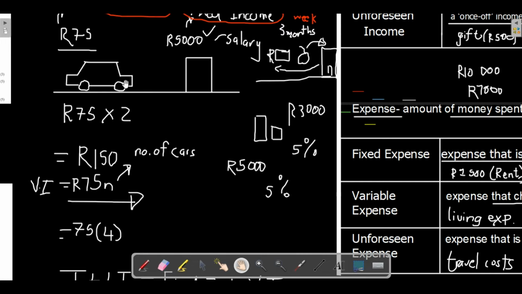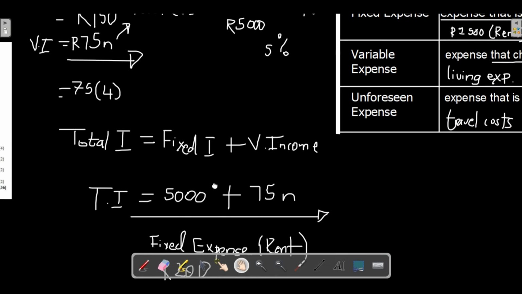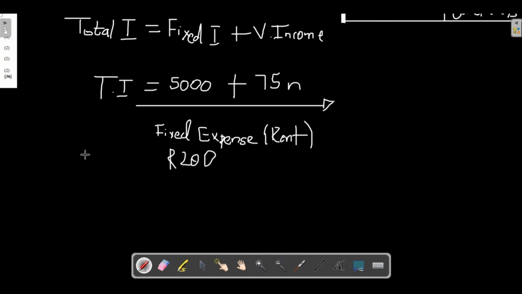How much polish do I use? How many sponges do I use for one car? And so you add that up and you find out, let's say it's 80 rands per car.